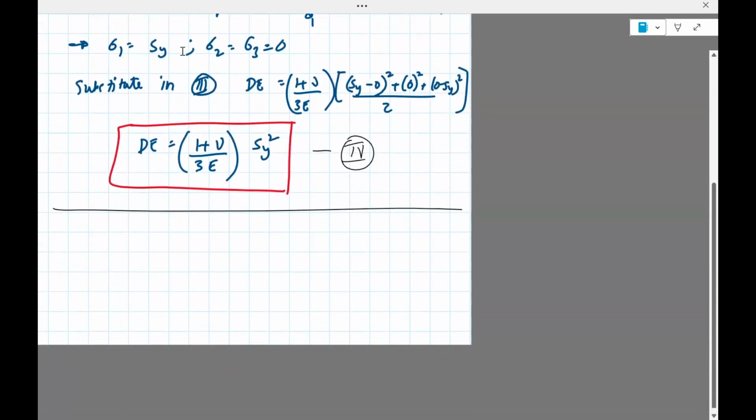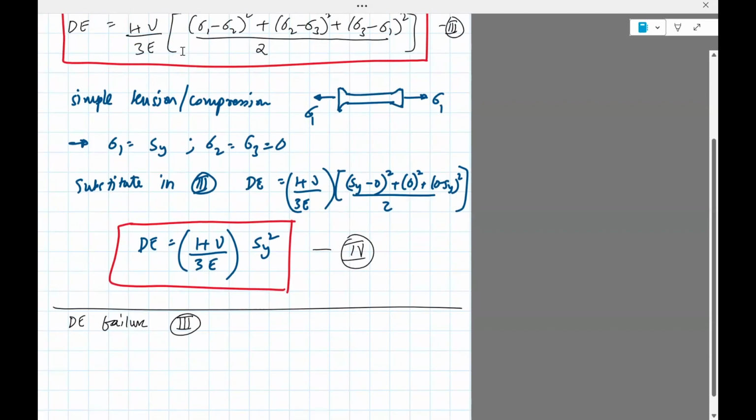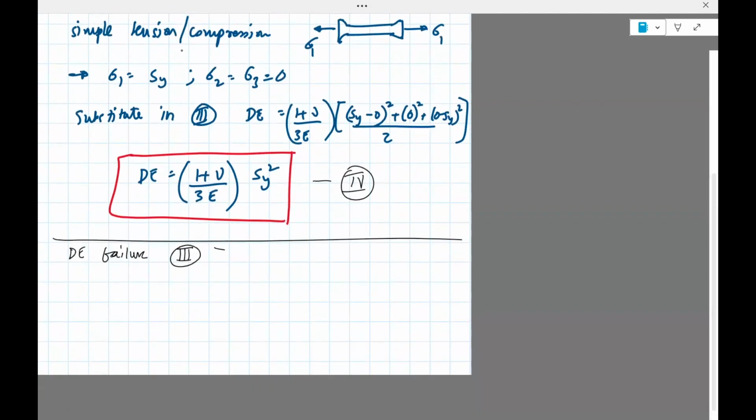So we just set dE failure occurs when 3, which was computed here, exceeds 4.